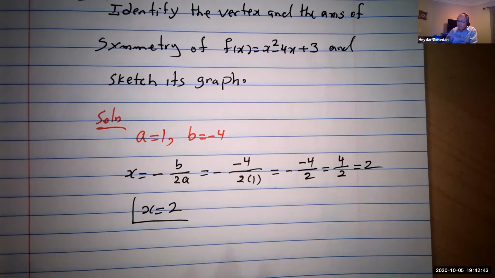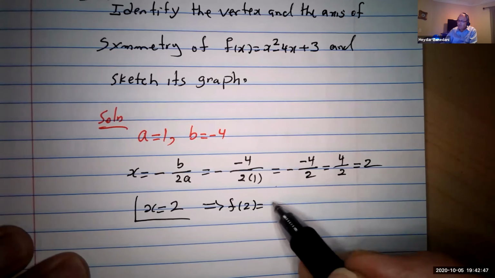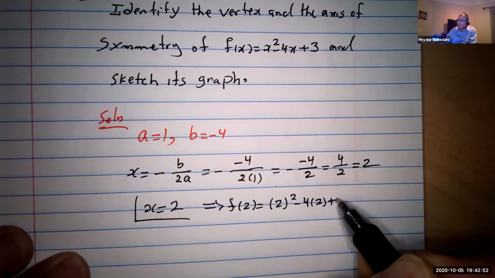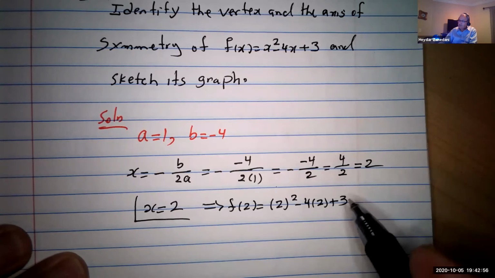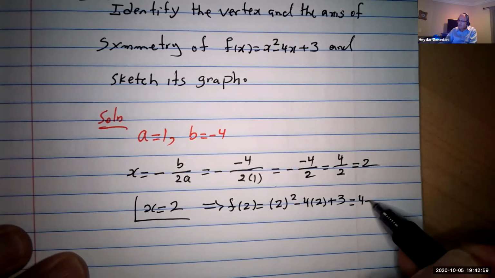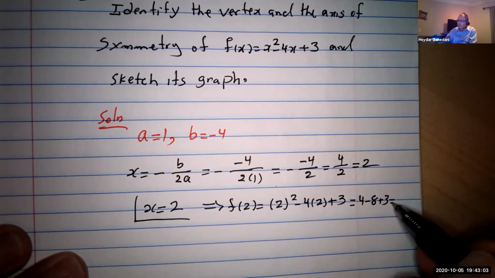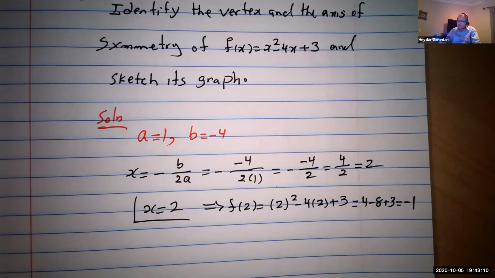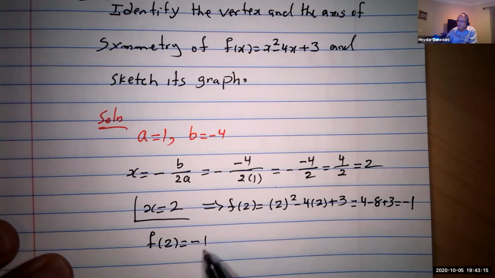So we continue. Drop it into the function: f of 2 is 2 squared minus 4 times 2 plus 3. 2 squared is 4. So that's 4 minus 8 plus 3, which is negative 1. So f of 2 equals negative 1.